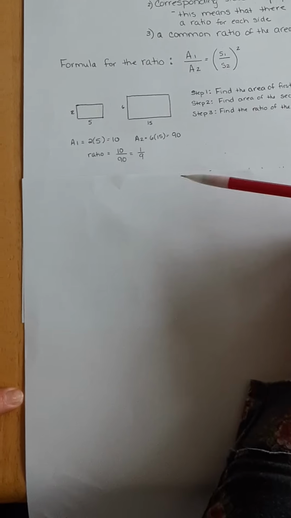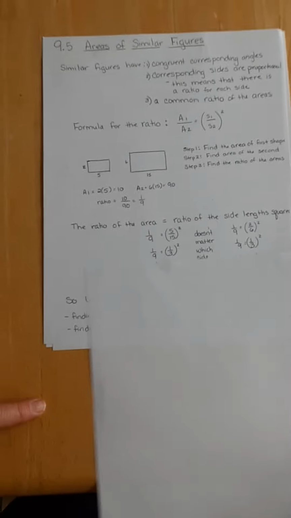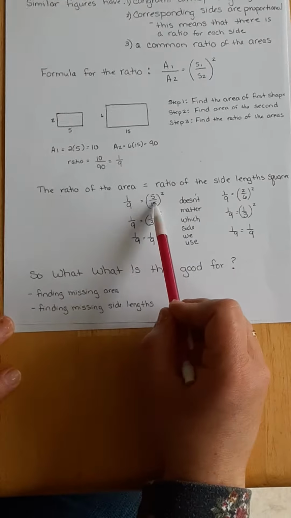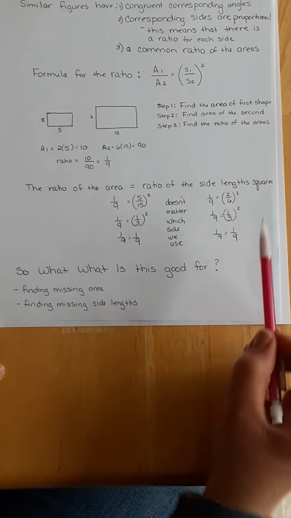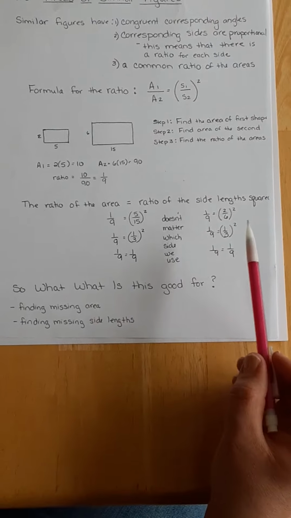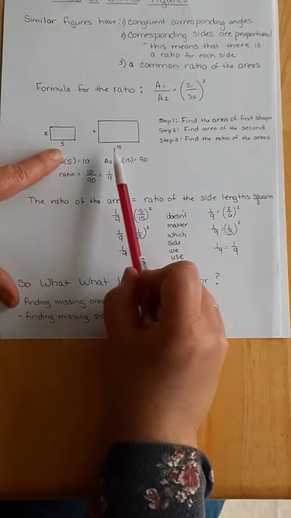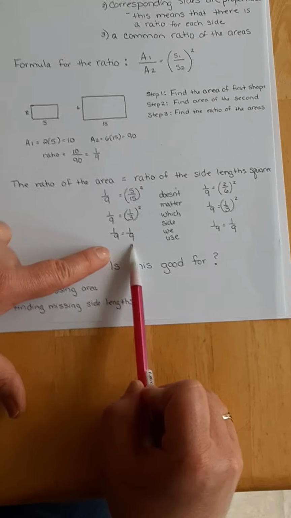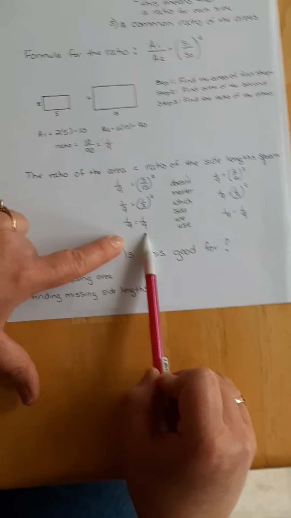Now to prove how this works, we're going to take the ratio of the areas and we're going to set it equal to the ratio of the sides. And I'm going to show you that it doesn't matter which sides we use. We can go ahead and take the bottom ones, put them over each other and square it and reduce it, and you'll notice we get 1/9 equals 1/9.